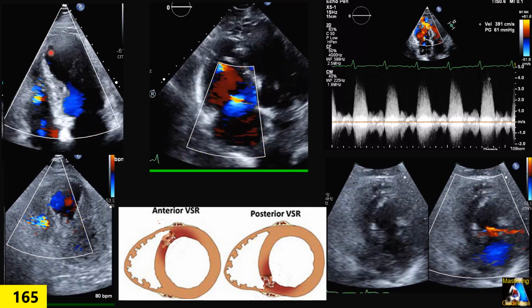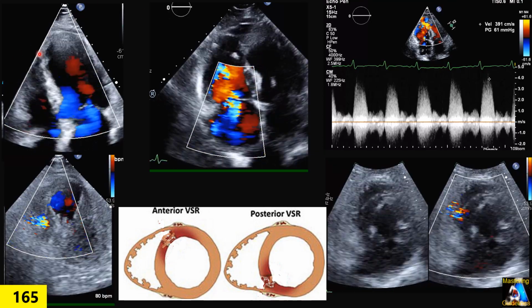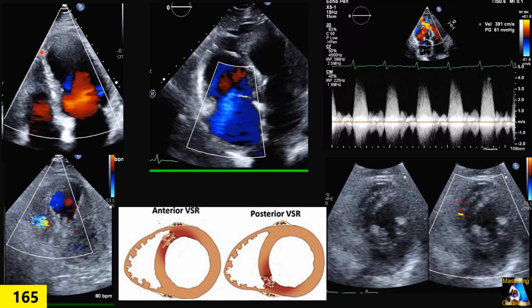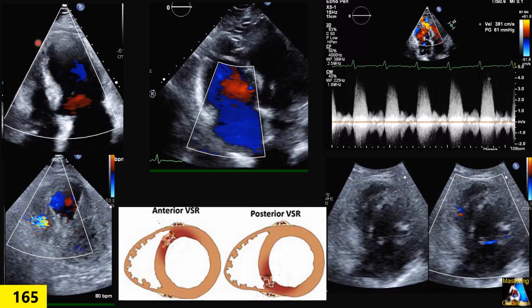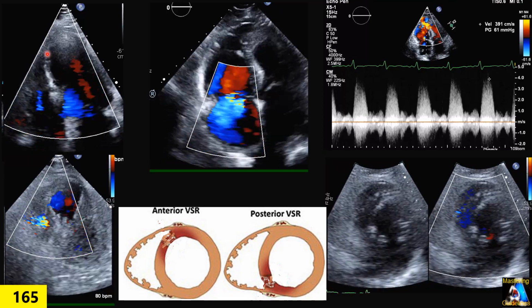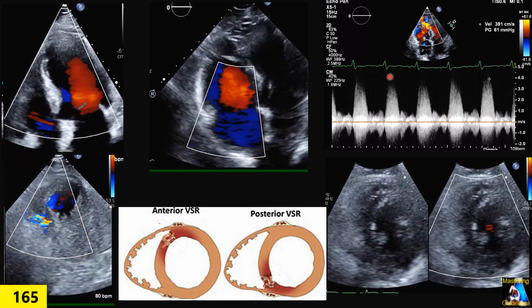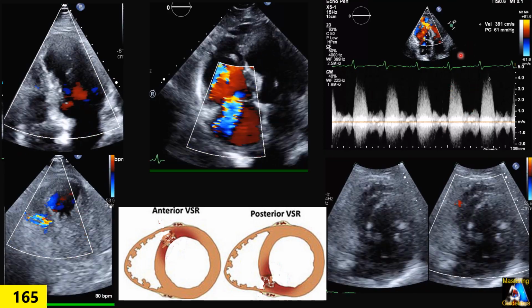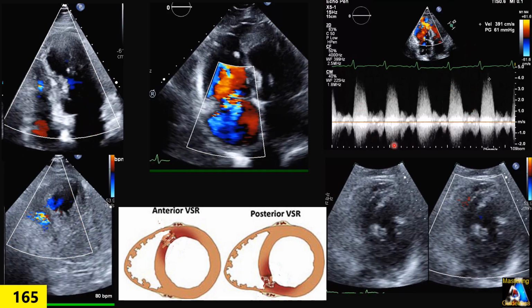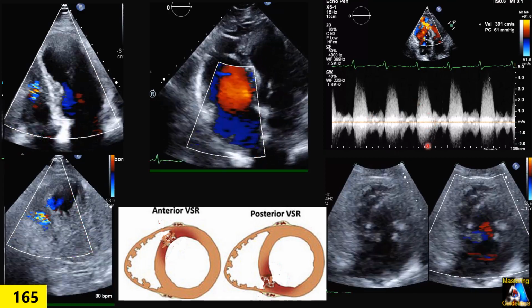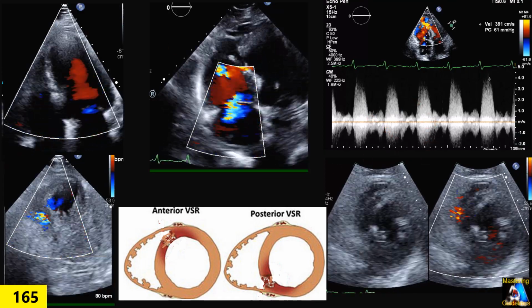Any wall motion abnormality, you have to put color at each level of those abnormal wall motions and sweep that wall completely, in all dimensions. And third, when you see high velocity Doppler in any spot, especially bidirectional, you have to find out what is the cause of that jet.